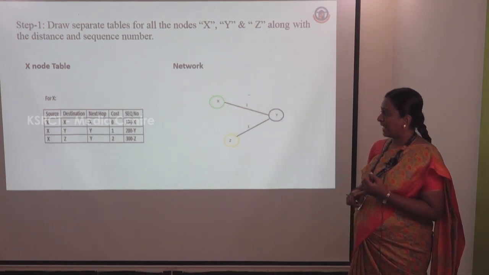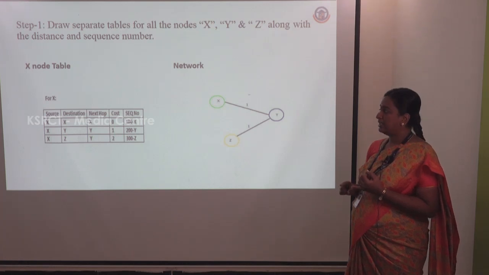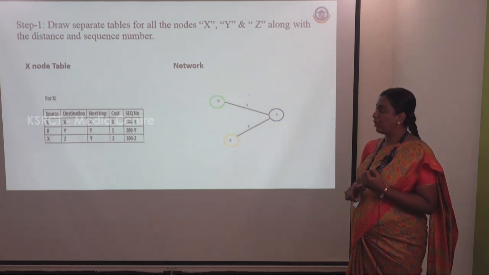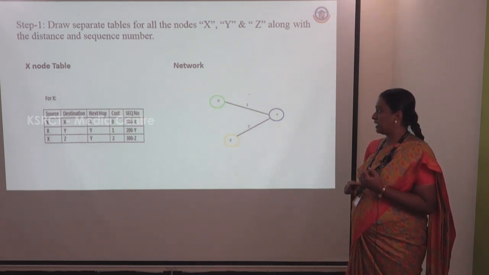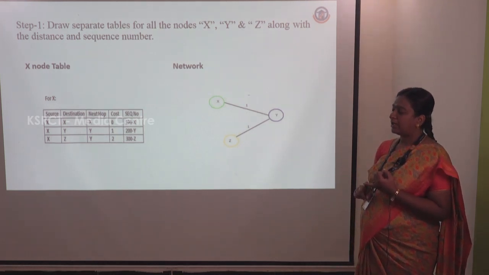The source is X. The first path is X to X. X is a self-looped node, so the destination is also X, there is no next hop, and the cost is 0. Randomly, the sequence number is generated as 100 for X.